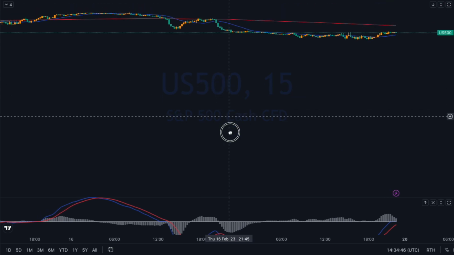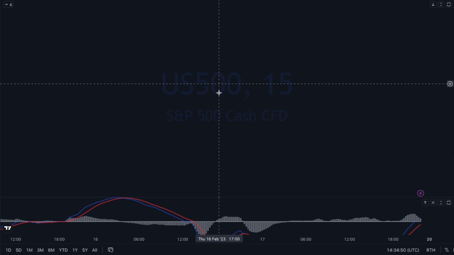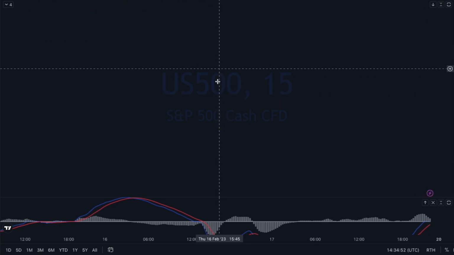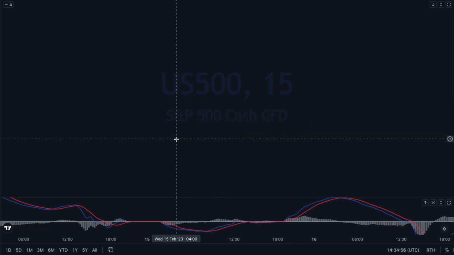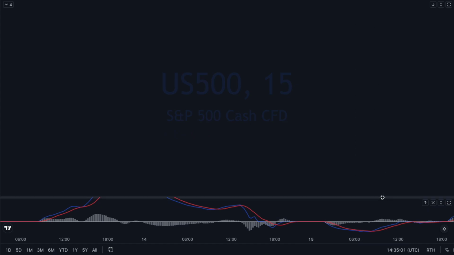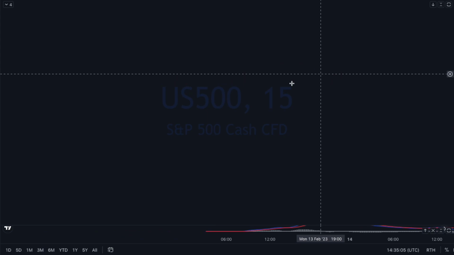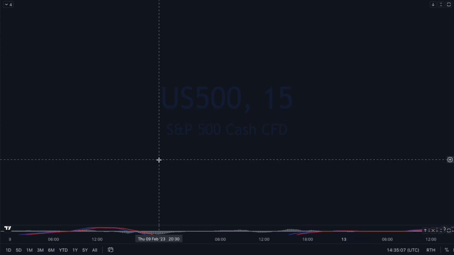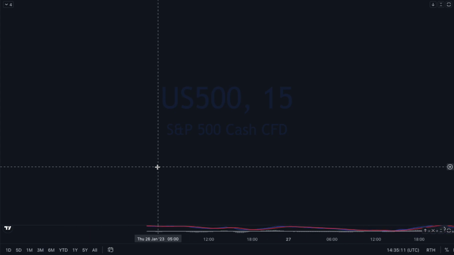So as you can see right now, okay, this is where the chart is. But what I like to do, just to make it as unbiased as possible, is I'll move it up and I'll scroll all the way back somewhere, right? As a matter of fact, I'll even get rid of the MACD because even that can tell me things. So I'll just go back as far as I can. Okay, let's just go back.